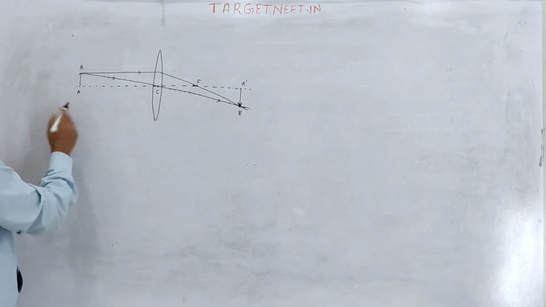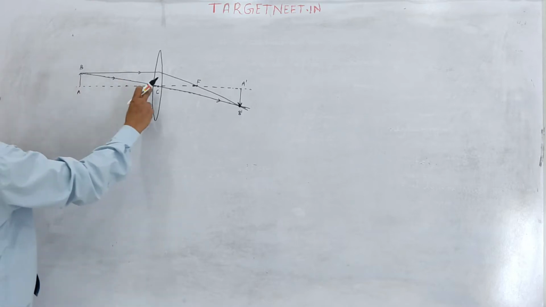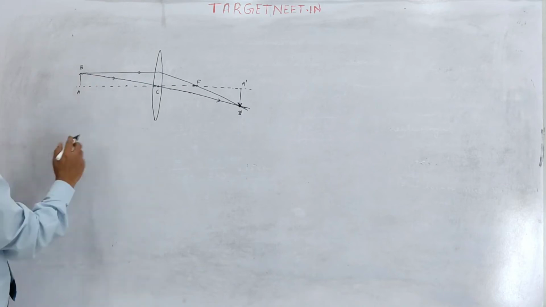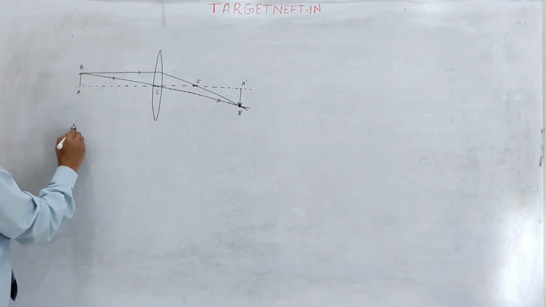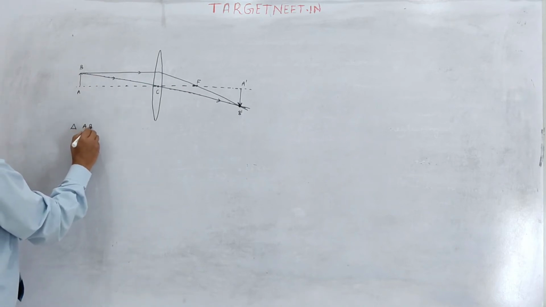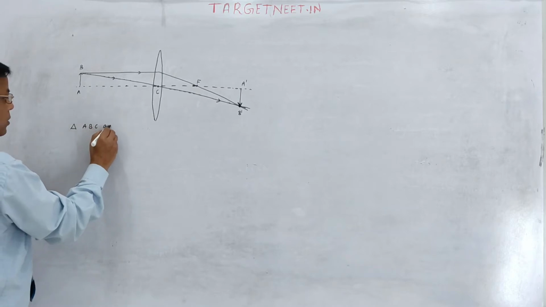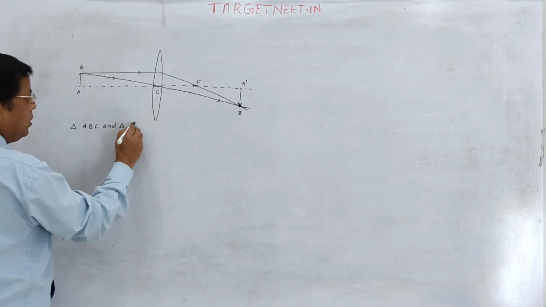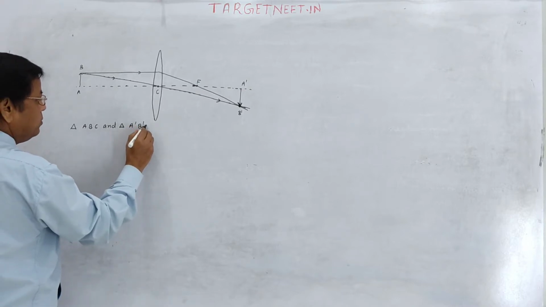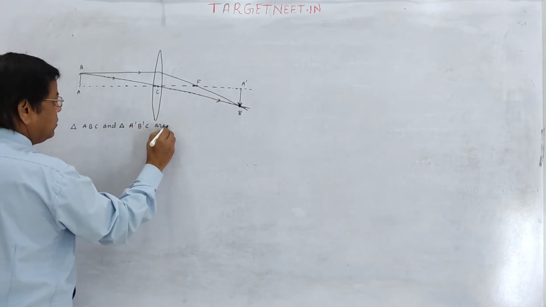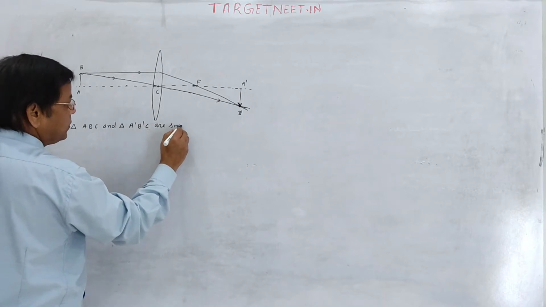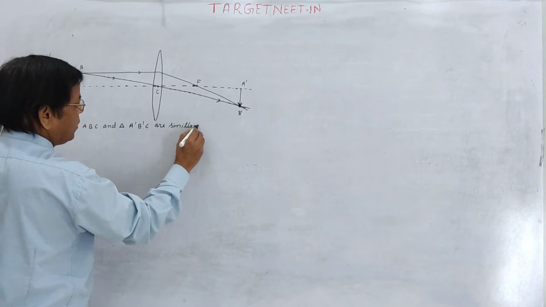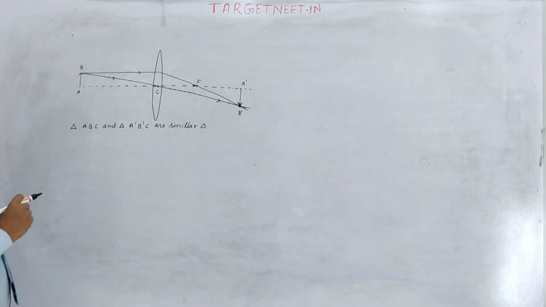Now, if you see triangle ABC and triangle C A prime B prime, these two triangles are similar triangles. Triangle ABC and triangle A prime B prime C are similar triangles.